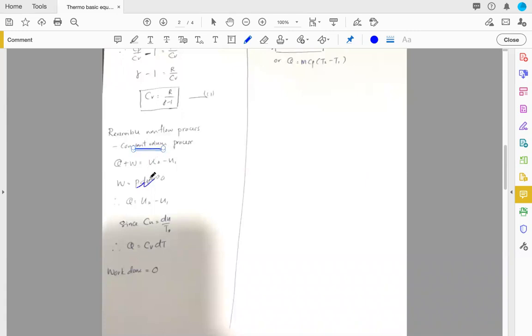You're not moving the volume. So therefore your work is 0 and Q equals U2 minus U1. And since Cv equals du over dT, in this case we can say at constant volume Q equals Cv delta T, and the work done is 0.